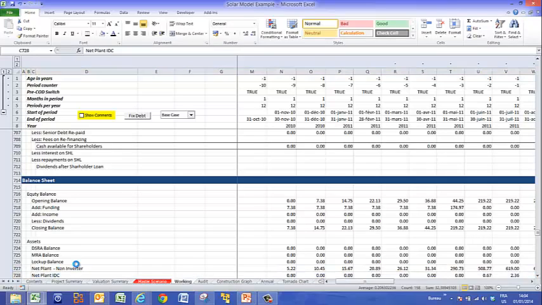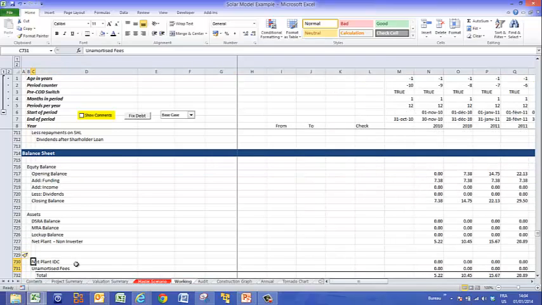And then we can add, that's what we had initially, and then we can put a net plant for the inverter initial. How about? And then we can put our net plant for the inverter replacement, which I didn't spell right.